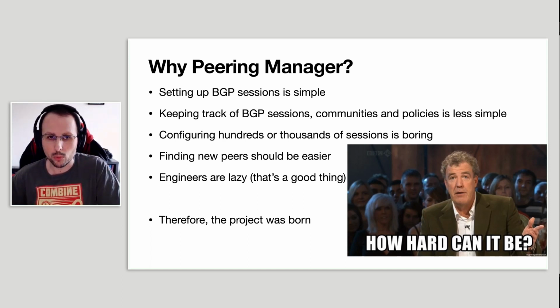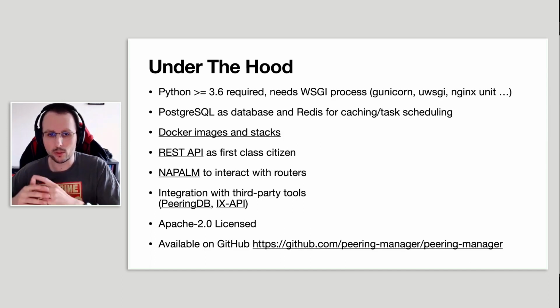So what Peering Manager actually is: it is a Python project with a web interface. It's based on the Django framework, with PostgreSQL as a database and Redis as a caching database. There is a bunch of stuff coming with the project, like Docker images to set up a working stack pretty easily.